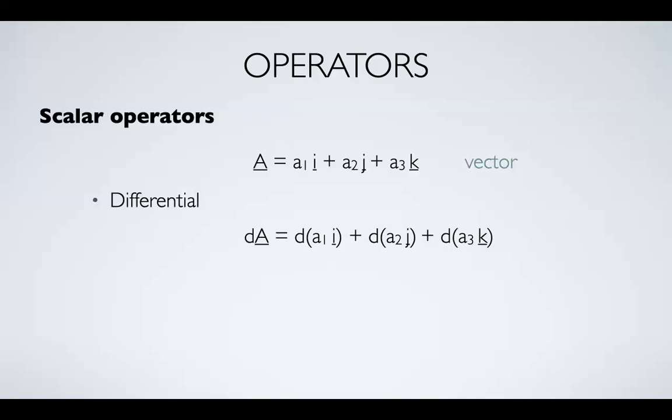So it's going to be dA1I plus dA2J plus dA3K. Do you think the product of this equation is going to be scalar or vector after you differentiate?